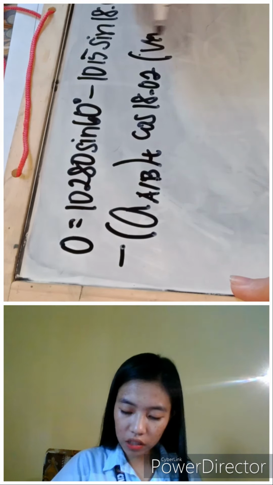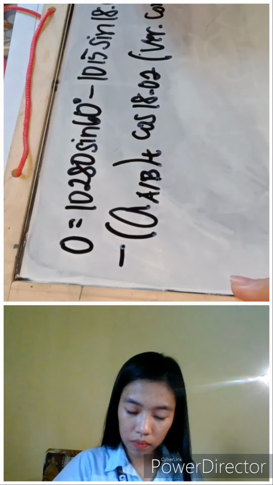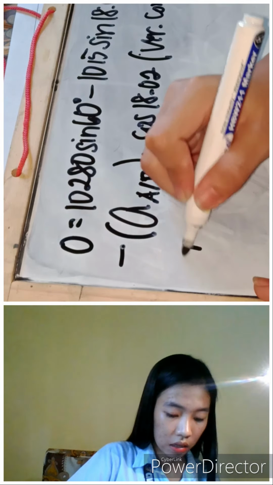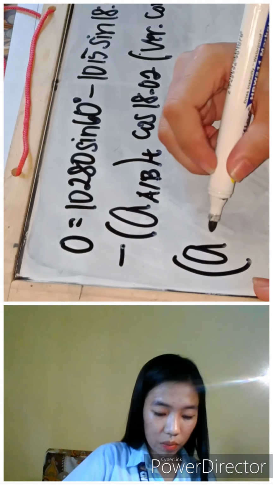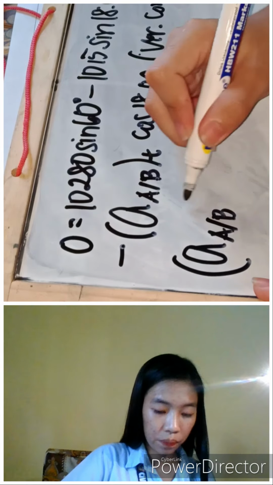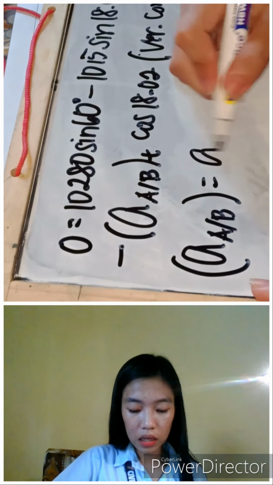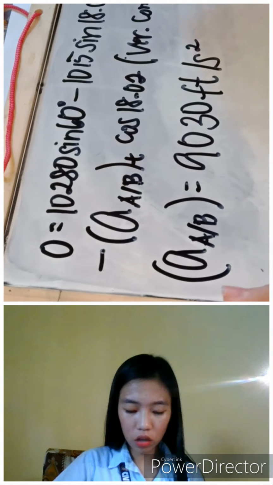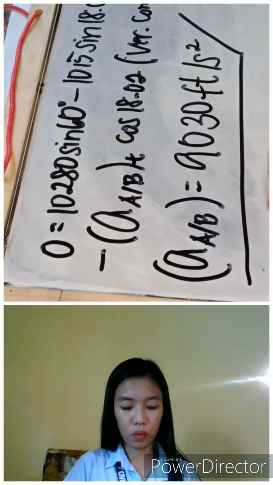This is for the vertical components. So the calculated value is, the tangential relative acceleration of A to B is equal to 9,030 feet per second squared. So here is the value.